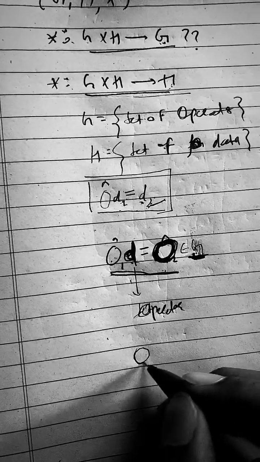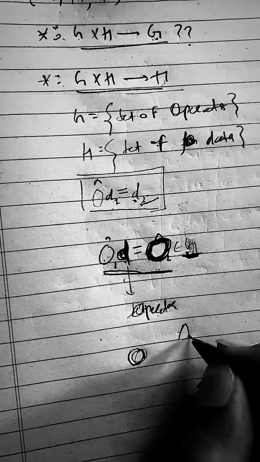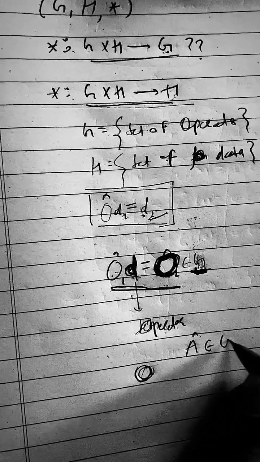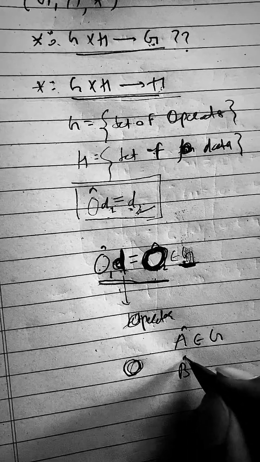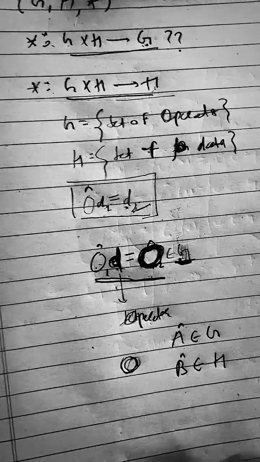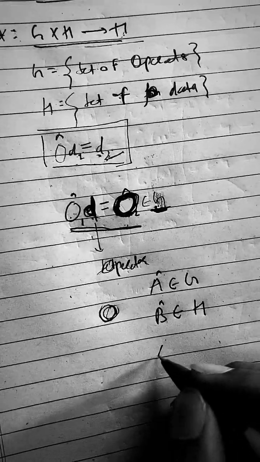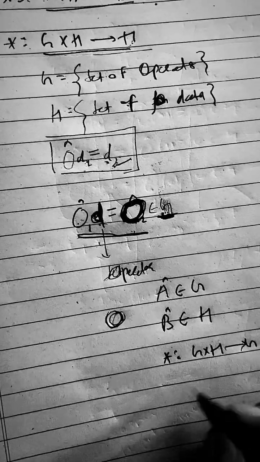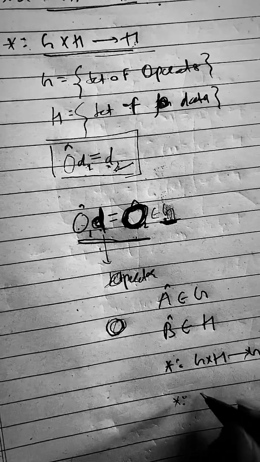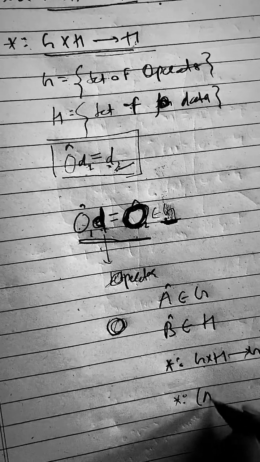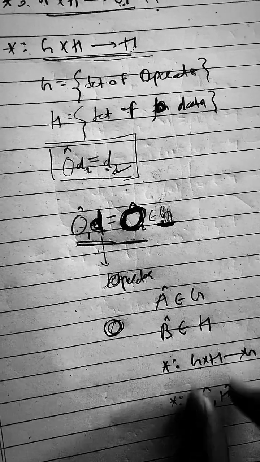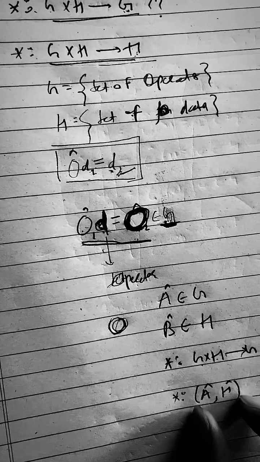We have operator A, an element of G, and let's say we have another operator B, an element of H. Now what does star do? It is going to take G cross H to G. It means star is going to take the element of G, which is operator A, and the element of H, operator H, and the Cartesian product gives us an ordered pair.